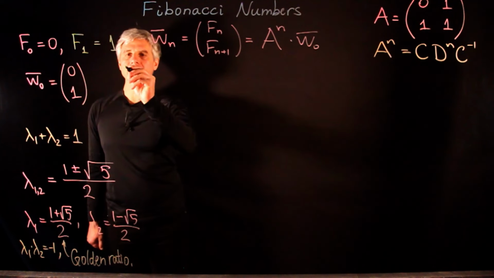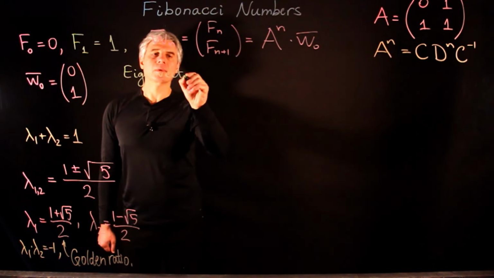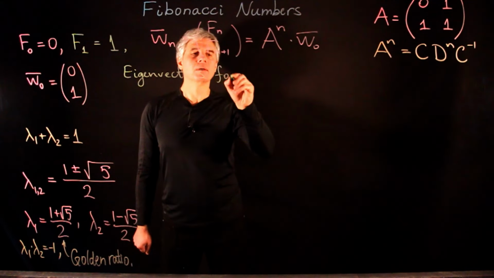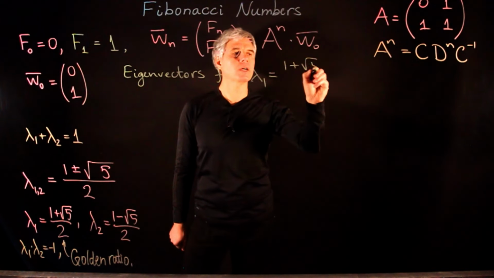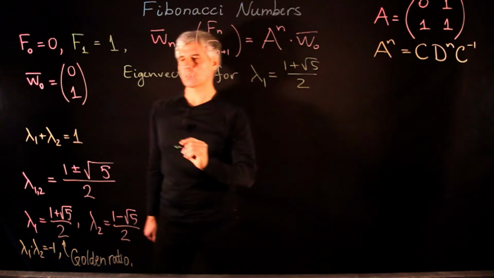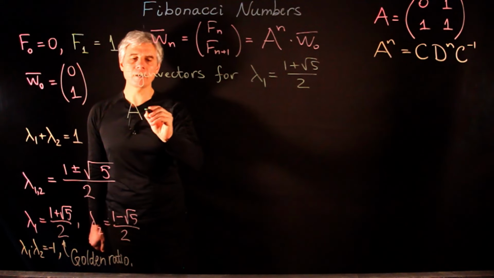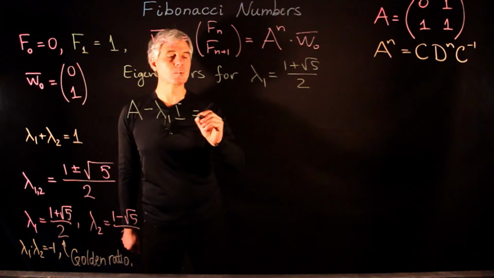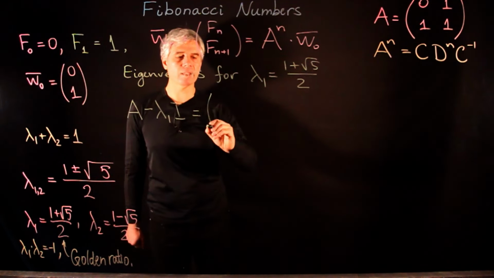Let us now find the eigenvectors. And we begin with the eigenvalue lambda 1, which is 1 plus square root of 5 over 2. We have to compute the kernel of the matrix A minus lambda 1 times the identity matrix. So we take matrix A and subtract lambda 1 from the diagonal entries.